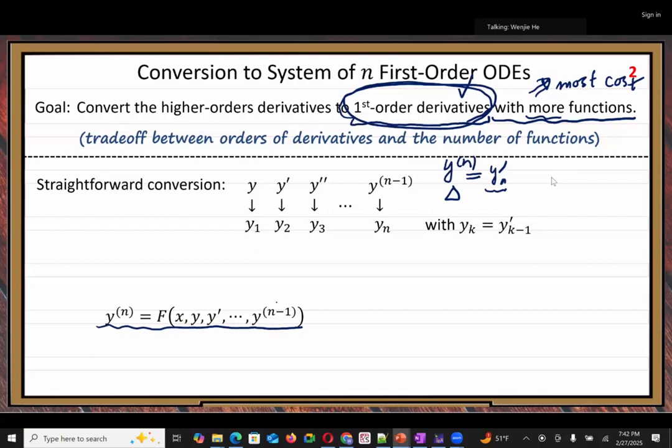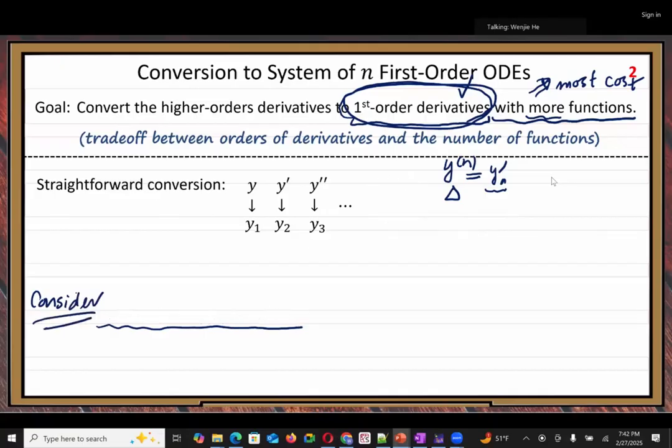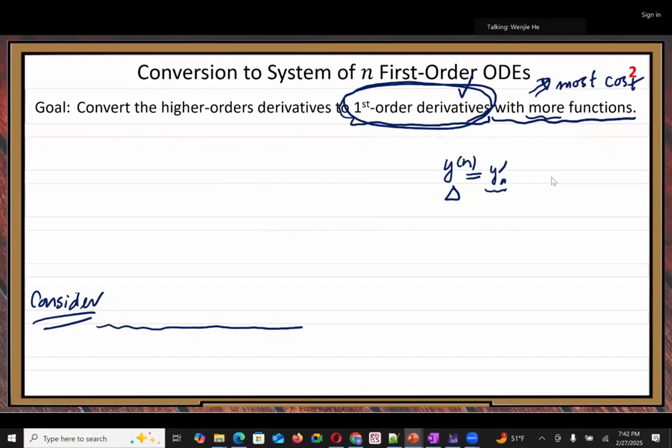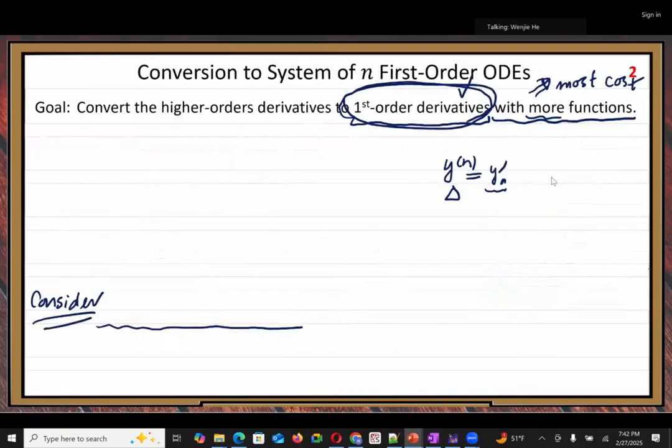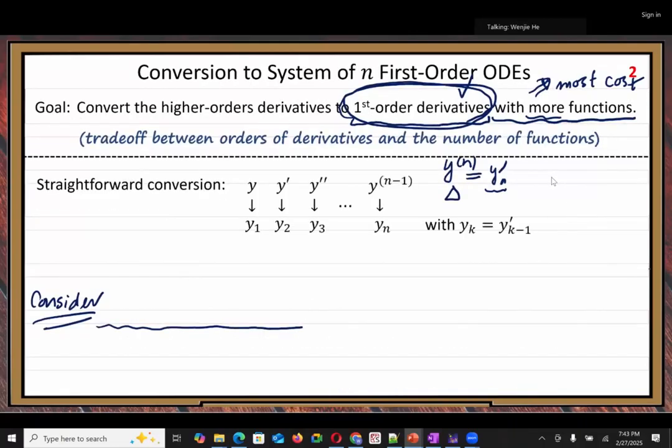Let me go back to the previous slides to compare. Look at this general form. It's different from the one we consider here.